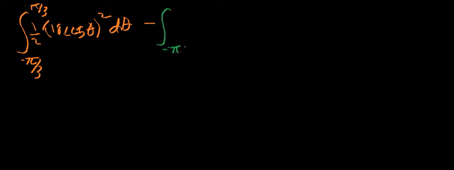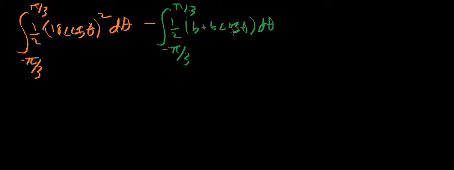to pi over 3 of 1/2 times 6 plus 6 cosine theta squared d theta.